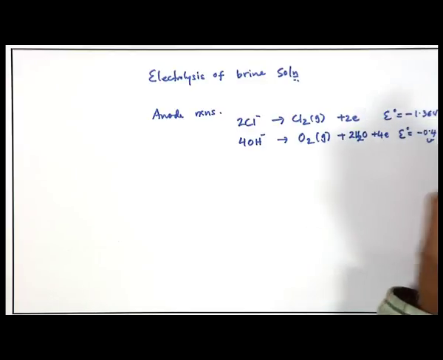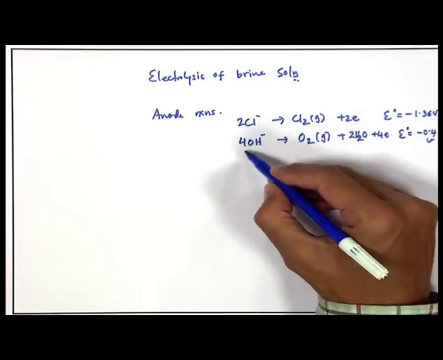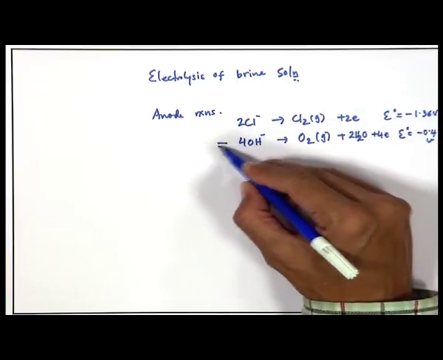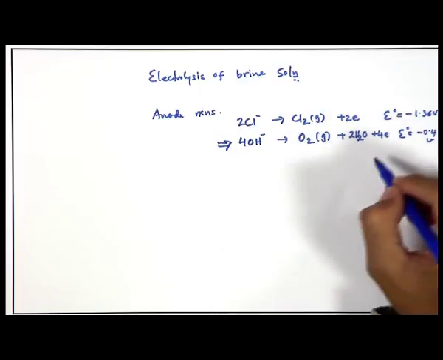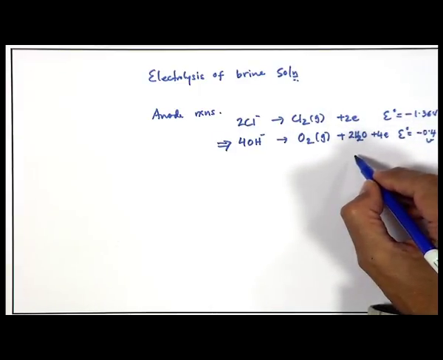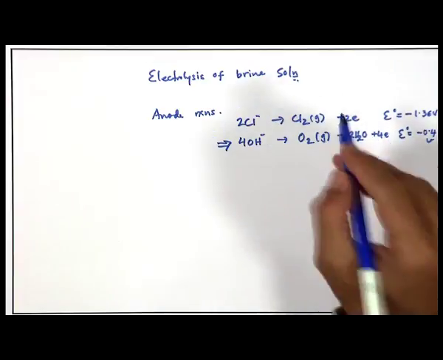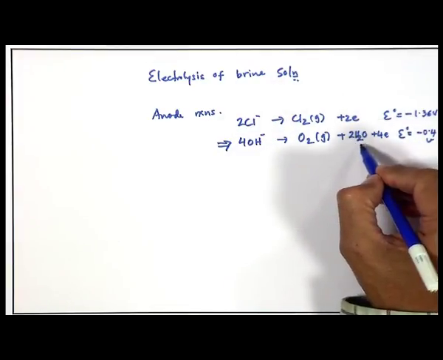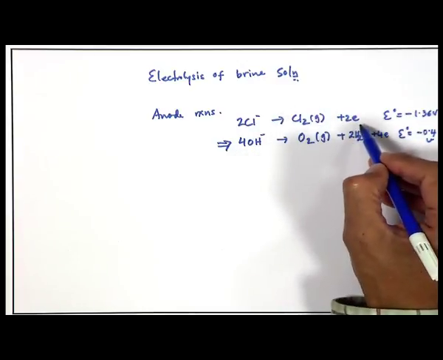Okay. So, thermodynamically this reaction should be favored, but the point is that this is kinetically very slow. If it is slow, then it is a problem, but at the same time the other reaction is kinetically fast.